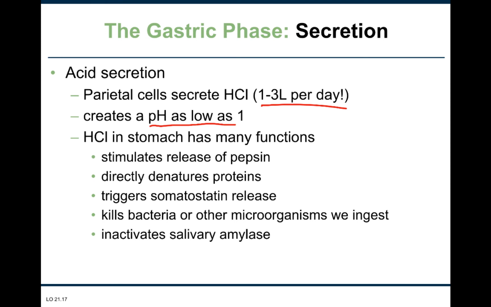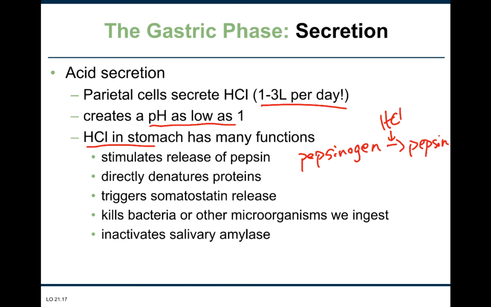Okay, and the acid in the stomach has many different functions. Okay, it stimulates the release of pepsin, and really it's the release of pepsinogen. So you need hydrochloric acid to stimulate this release, but the acid will also cleave pepsinogen into the active form of pepsin so it can start breaking down proteins.